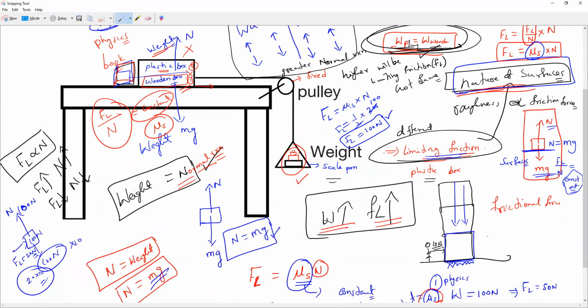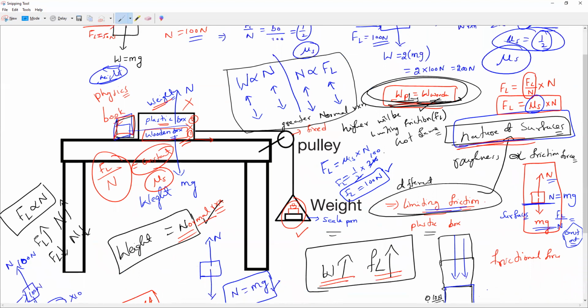One doubt, sir. Yes, ask. This formula is to find limiting friction, no, sir? Yes. But when we are finding mu s, we are using the formula F L equals mu s N, na? That is what the examiner or question paper preparer does.